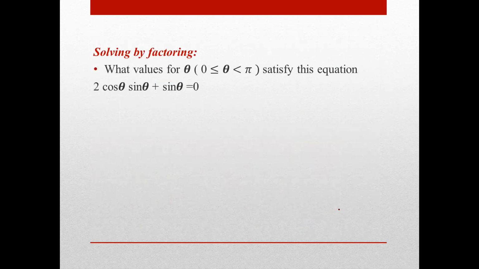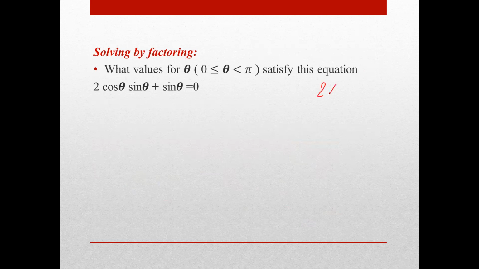Now, the second thing I want to tell you about today: sometimes we can solve this type of equations by factoring. Like here now. Find values of theta from 0 to pi that satisfy this equation: 2 cosine theta sine theta plus sine theta equals 0.